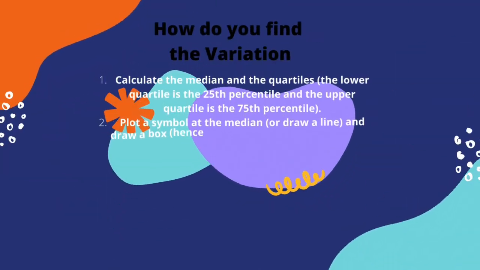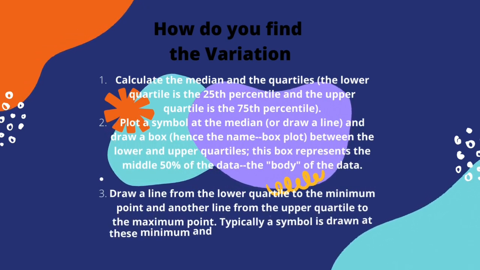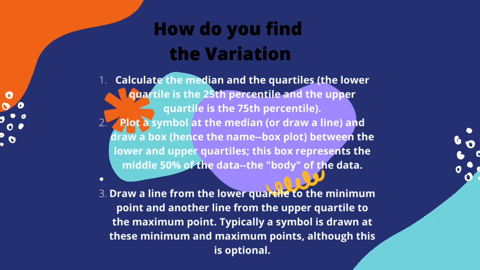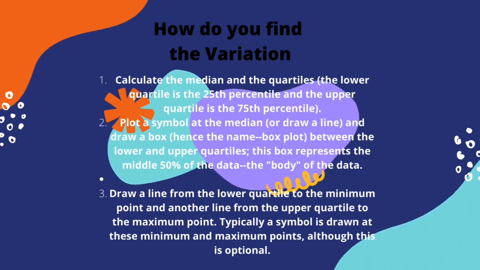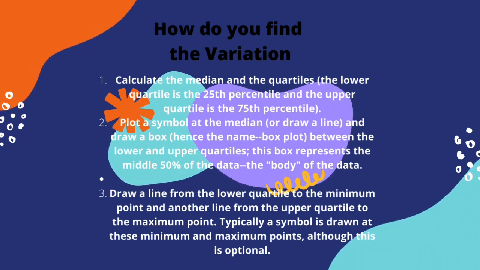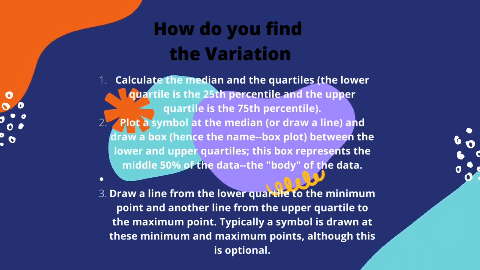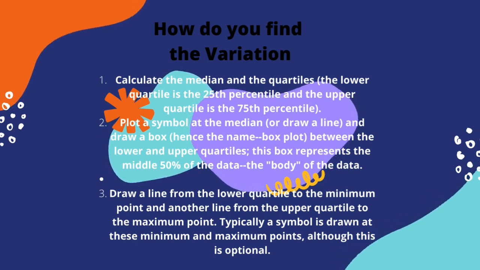How do you find the variation? First, calculate the median and the quartiles. The lower quartile is the 25th percentile and the upper quartile is the 75th percentile. Second, plot a symbol at the median or draw a line and draw a box, hence the name box plot.